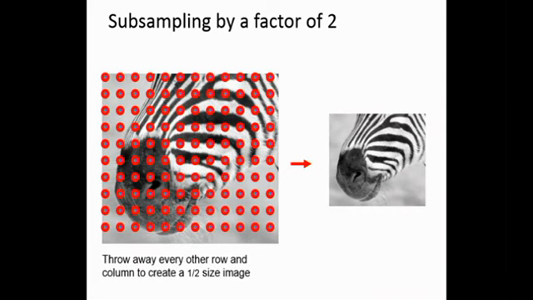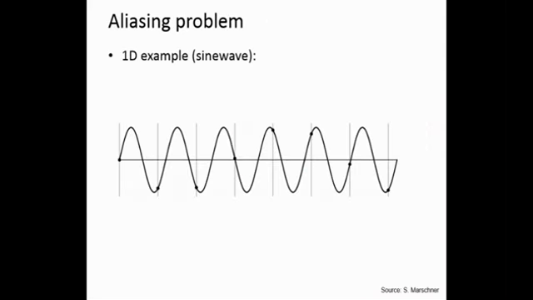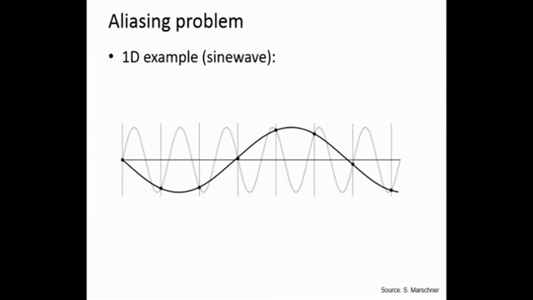But there's one problem we have to be aware of, which is called aliasing. Aliasing means that after sampling a signal, you can't reconstruct the original signal correctly. For example, with this sine wave, if I don't sample it fast enough, then if I try to reconstruct a sine wave from my samples, I'll get a different sine wave.